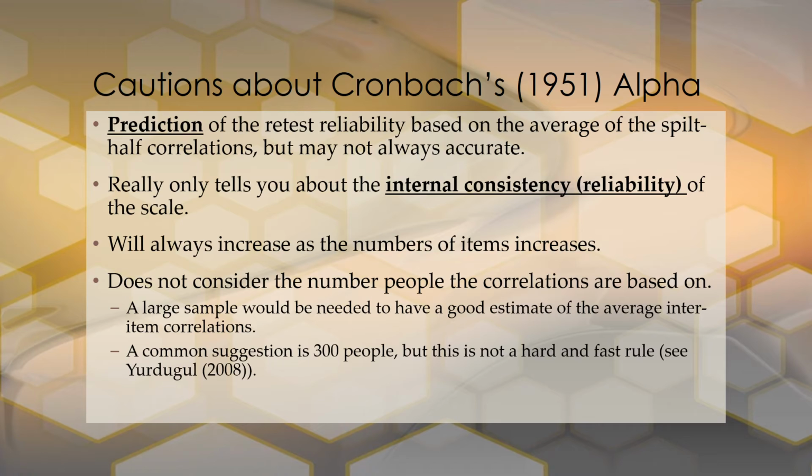A large sample would be needed to get a good estimate of the average inter-item correlation. You wouldn't want to base Cronbach's alpha on like 3 people, right? That doesn't make any sense. A common suggestion is 300 people, but this isn't a hard and fast rule. A lot of times you're not going to get 300 people, and a lot of times we base Cronbach's alpha on a lot fewer people.